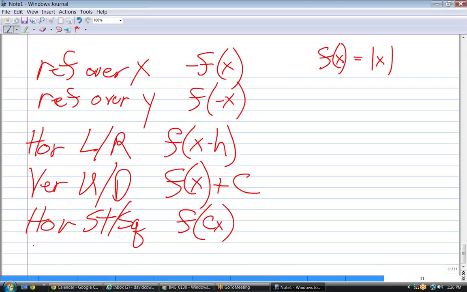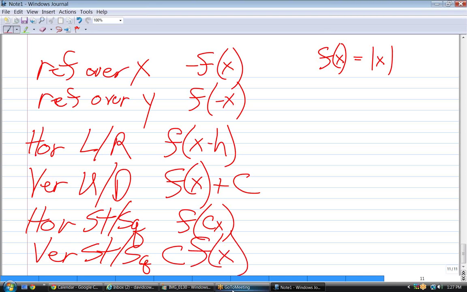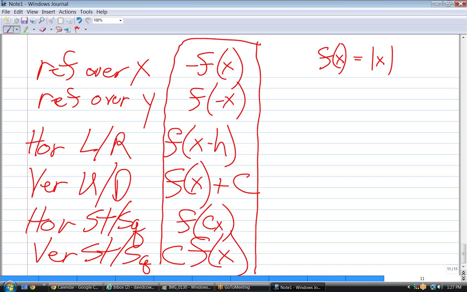And finally, the last one is vertical, stretch or squeeze, and you get that by some number times f of x. Notice that everything here is different. None of those are the same. Those are the only things you can do to a function in order to do a transformation of it.